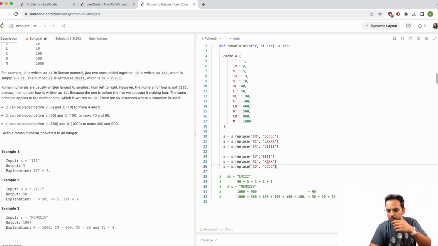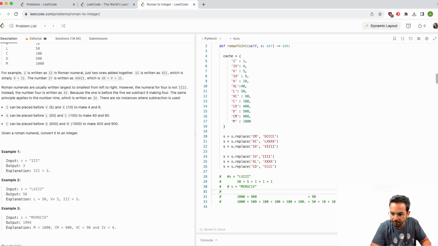If we have this pattern, the string would look like this: CM would now be replaced by this, XC would now be replaced by this, and IV will now be replaced by this. So we don't actually care about the substitution in the Roman letters.